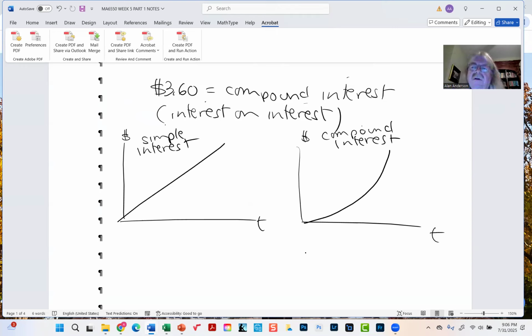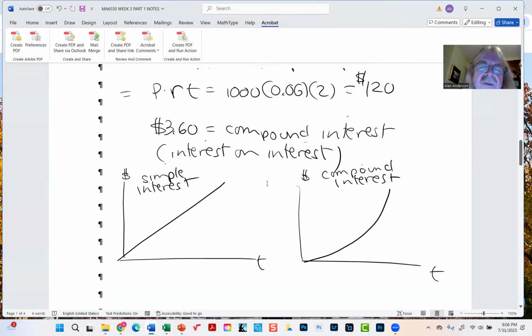So in the short run, there's not very much compound interest in your bank account, but if you leave your money there long enough, eventually the compound interest will be greater than the simple interest. Okay, so that's kind of the secret to saving for retirement, by the way, starting early, because after 30, 40 years, you'll have mostly compound interest.